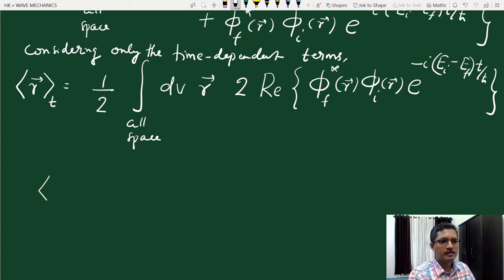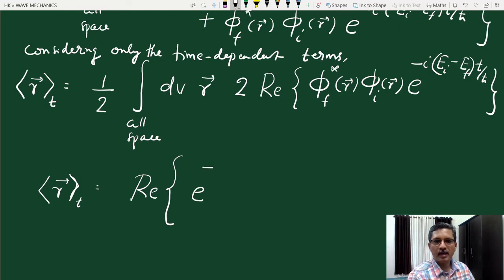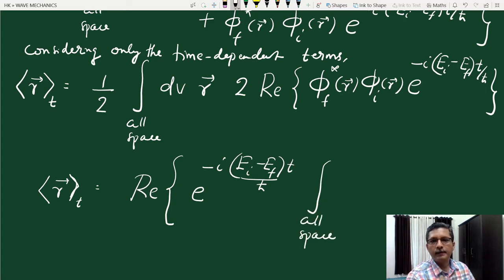I can write the time dependent part of the position vector as the real part of this exponential term, e raised to minus i (Ei minus Ef)t by h cross, times the integration over all space of r phi f star phi i, volume element.